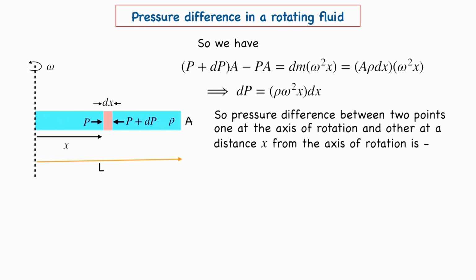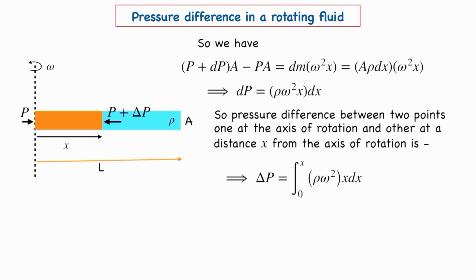So, pressure difference between 2 points, one at the axis of rotation and other at a distance x from the axis of rotation. Here we can see that we have taken the element, its one end is situated on the axis of rotation and the other end is at a distance x from the axis of rotation.